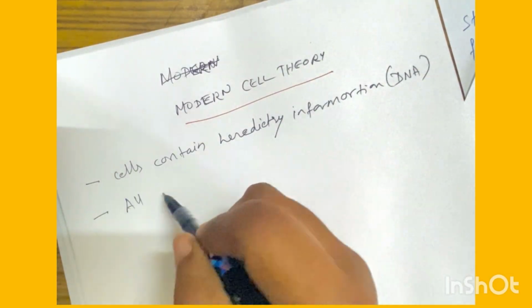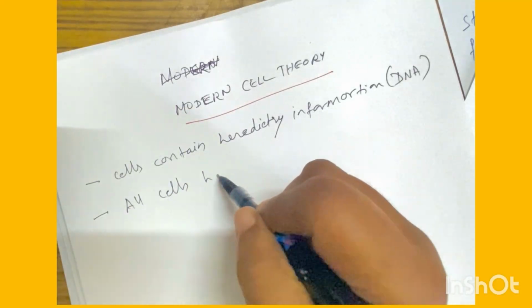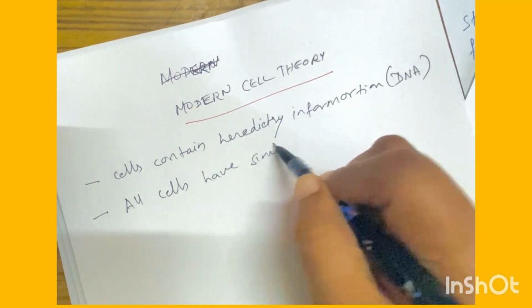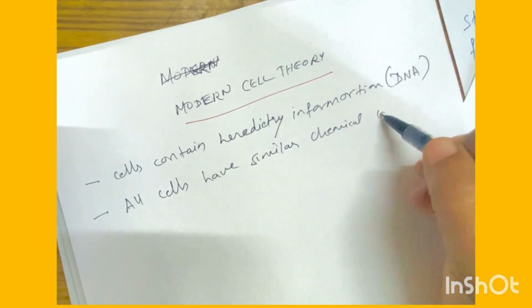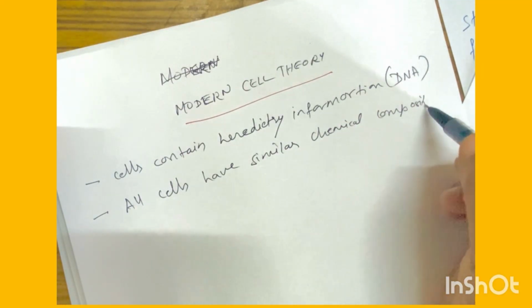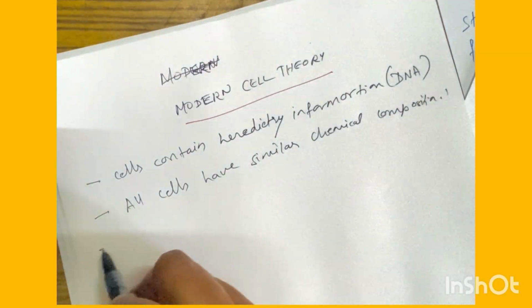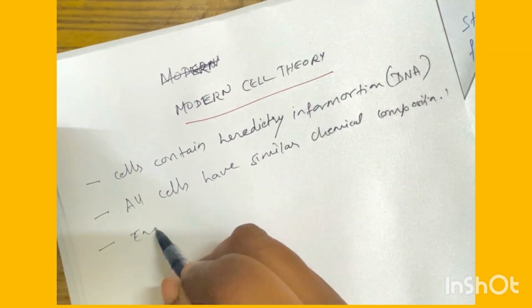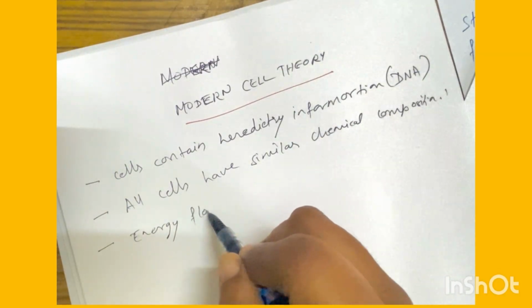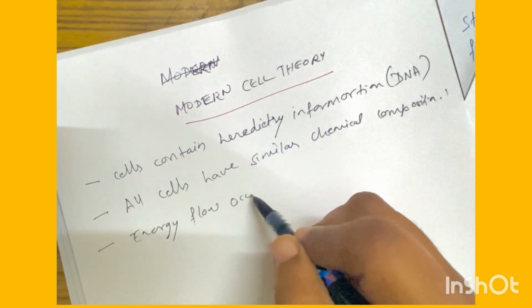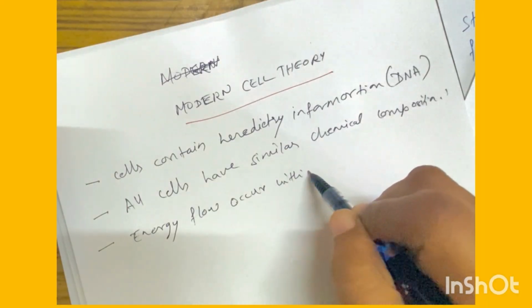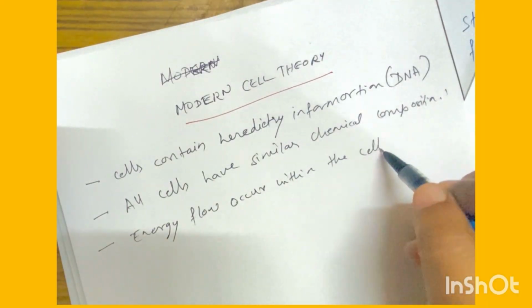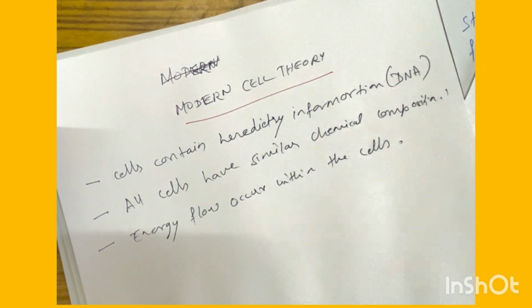And it also states that all cells have similar chemical composition. Okay. And energy flow occurs within the cells. So these are the additions done by the modern cell theory.